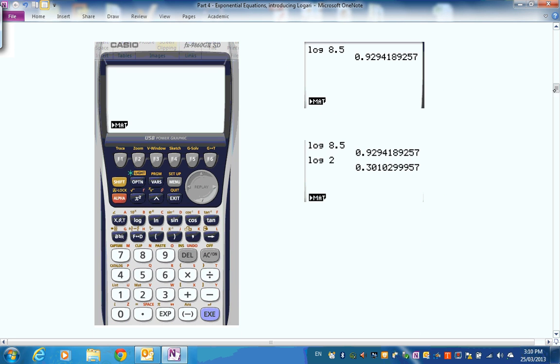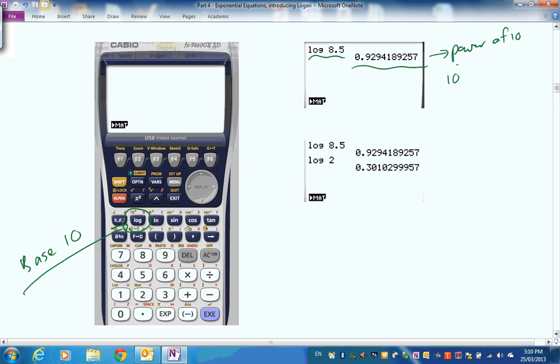And I've done something from the Casio here. Can you find it? Here it is in here. LOG means base 10 is being used as the base of your logarithm. So we're going to write each number as a power of 10. So that's called the log of the number. Log of 8.5. This is the power of 10 needed to get 8.5.